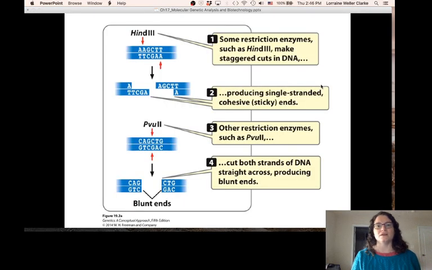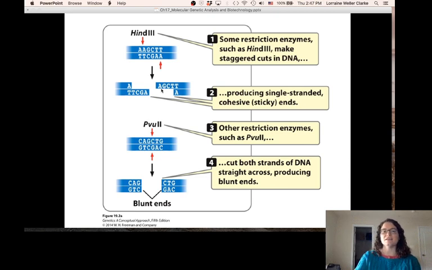There we go. So some restriction enzymes, such as HIND3, make staggered cuts in DNA. So does EcoR1. Again, EcoR1 and HIND3 make staggered cuts in the DNA, producing sticky ends. Okay?